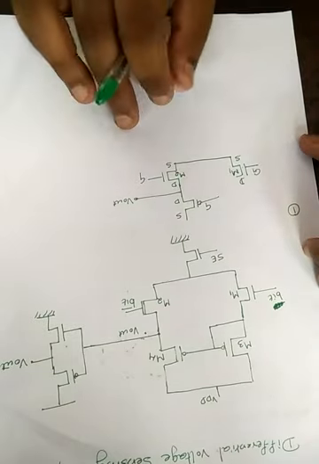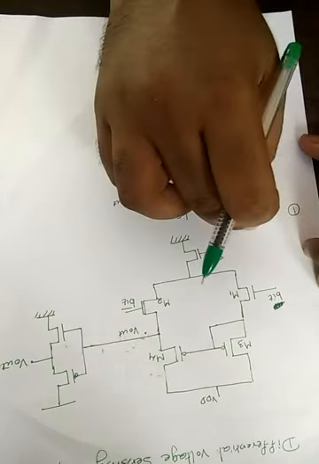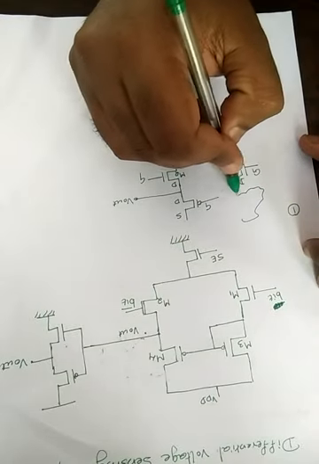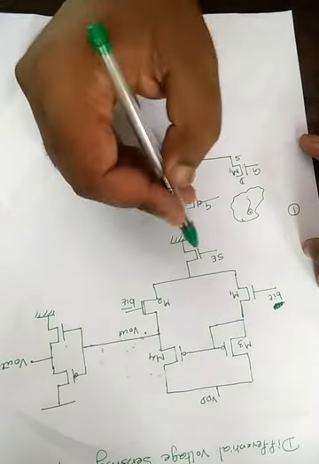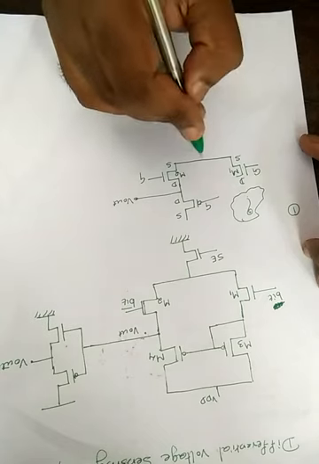And I am not much interested about the circuit that is coming above this M1, so I will deliberately skip this circuit. We are not interested for the time being what is happening here. We are going to analyze only this much section. And for better understanding, I am going to replace this transistor by a current source.